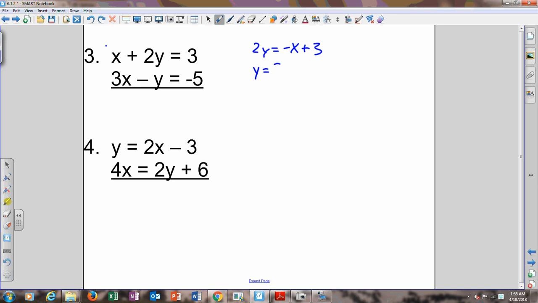Y equals negative 1/2 x plus 3 over 2, which is like 1.5. Second equation, I subtract the 3x over. Negative y equals negative 3x minus 5. It's not by itself yet. I have to get rid of this negative. It's going to be y equals 3x plus 5. There's my two equations.